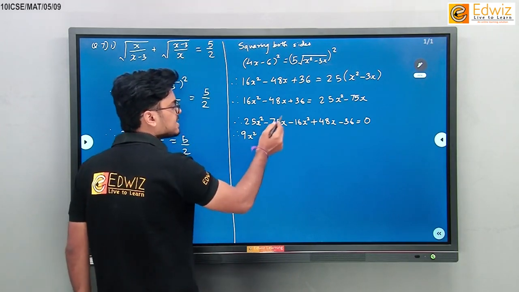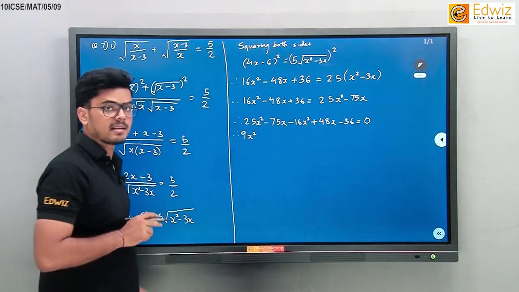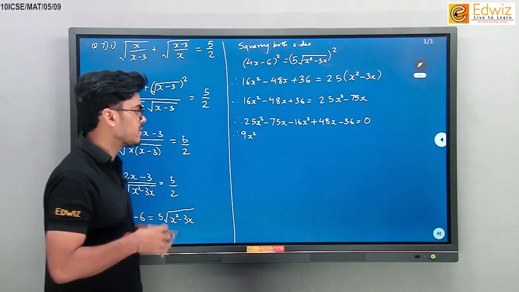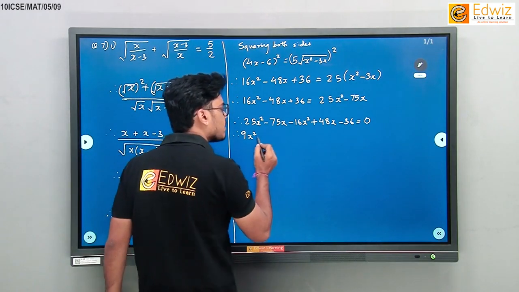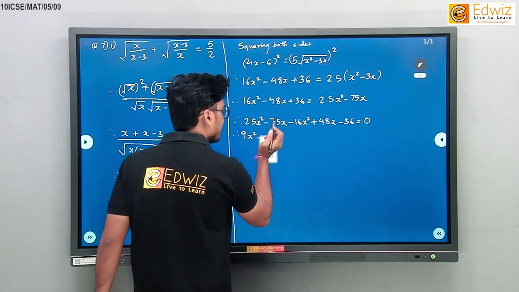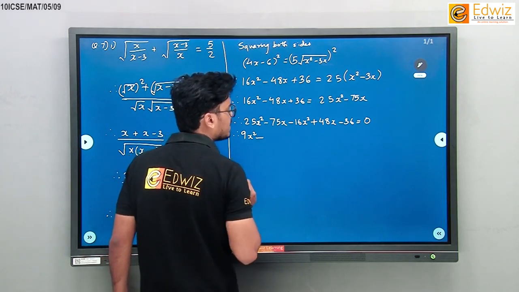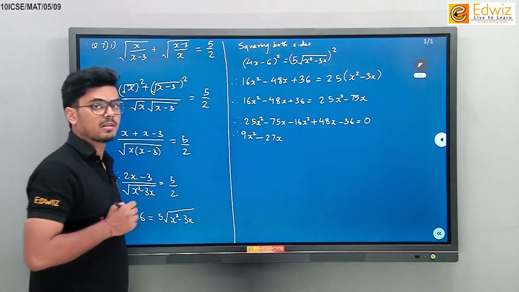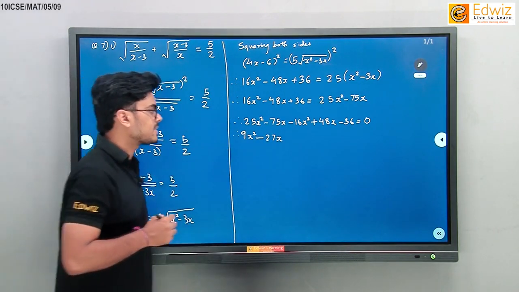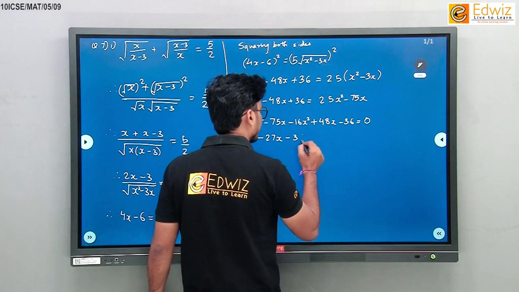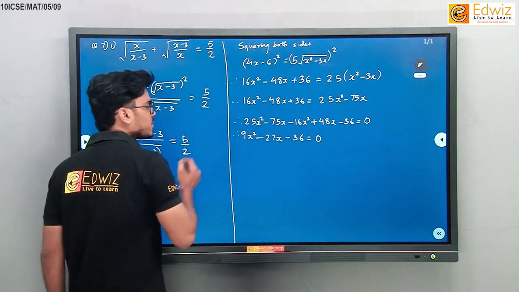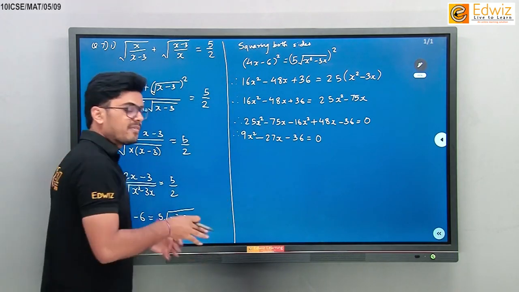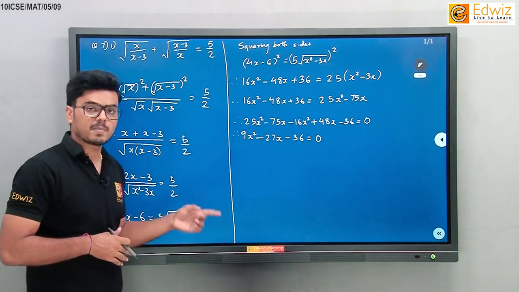Then minus 75x plus 48x, one is negative, one is positive, subtract and give the bigger number sign. So minus 75 minus 48, what will be the value? Is 27x. This will be negative 27. Okay, then minus 36 will remain as it is, equal to 0. Now as you can see, this entire equation can be further simplified by dividing it by 9.